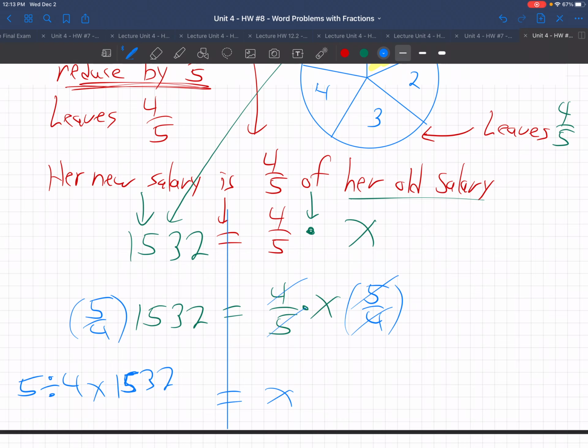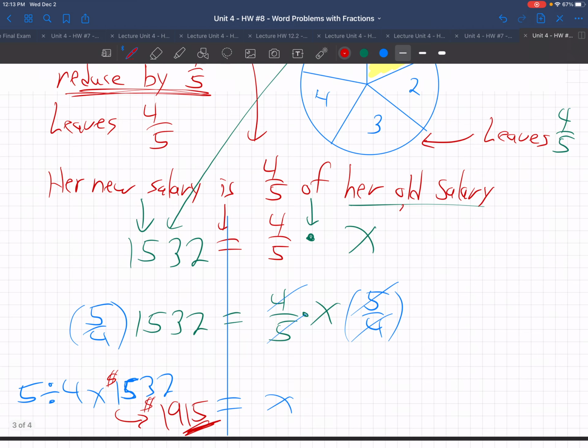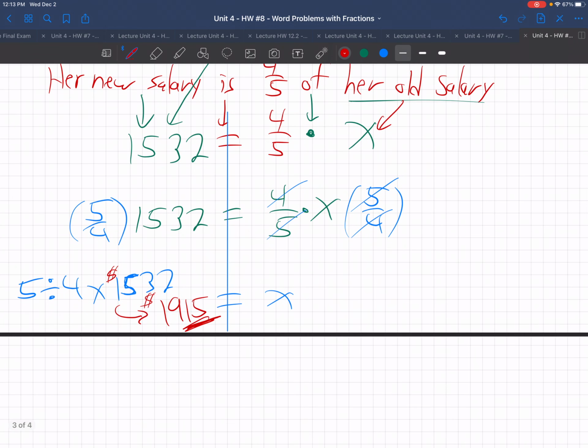I'm getting 1915. There it is. That comes out 1915. So that must have been her old salary before it was reduced. Because X, remember, X was the old salary, and now we know X equals 1915.